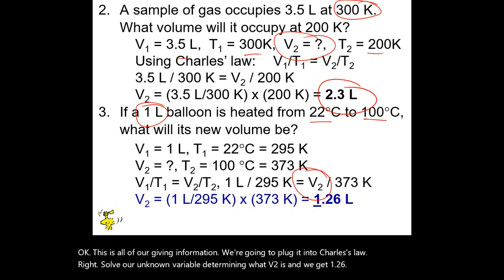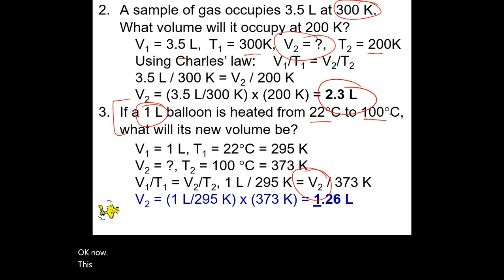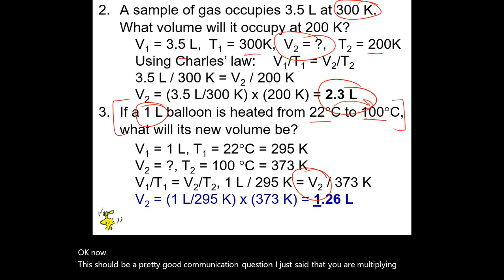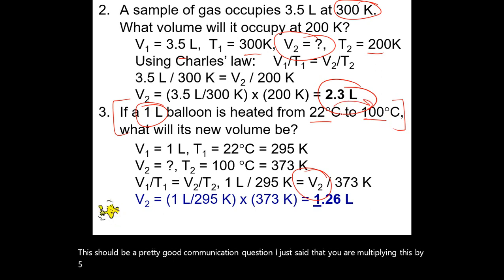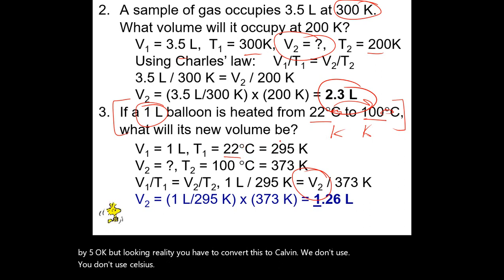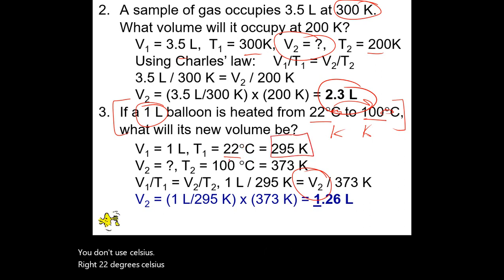Now this would be a pretty good communication question. I just said that you are multiplying this by 5. But look, in reality, you have to convert this to Kelvin. We don't use Celsius. 22 degrees Celsius is 295 Kelvin. 100 degrees Celsius is 373 Kelvin.